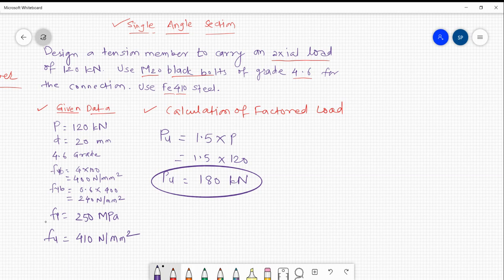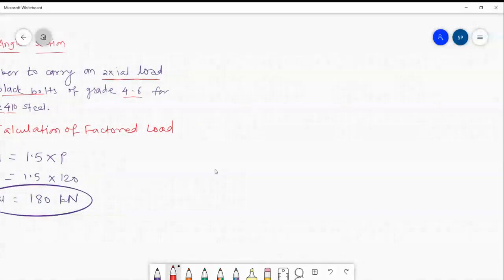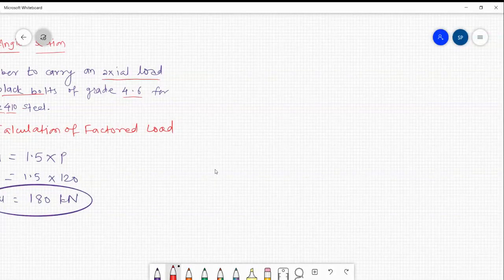In the next step you have to calculate AG required. AG required means you have to calculate the required area of tension member. This is the next step, calculation of required area.